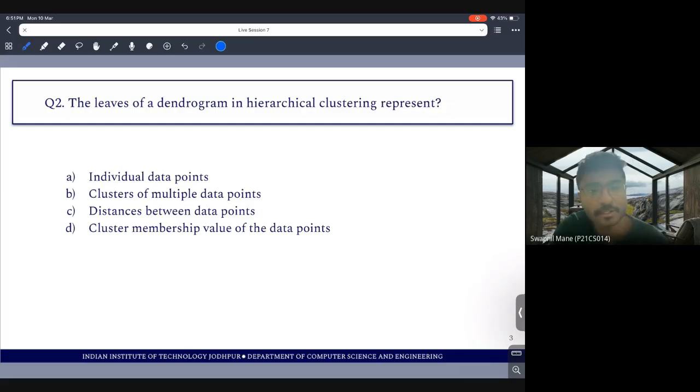The leaves of a dendrogram in hierarchical clustering represent individual data points or clusters of multiple data points. Take your time. Please let me know what exactly the correct answer is for this question. This question is very trivial, maybe. If you have seen the lectures, you will get the answer easily.